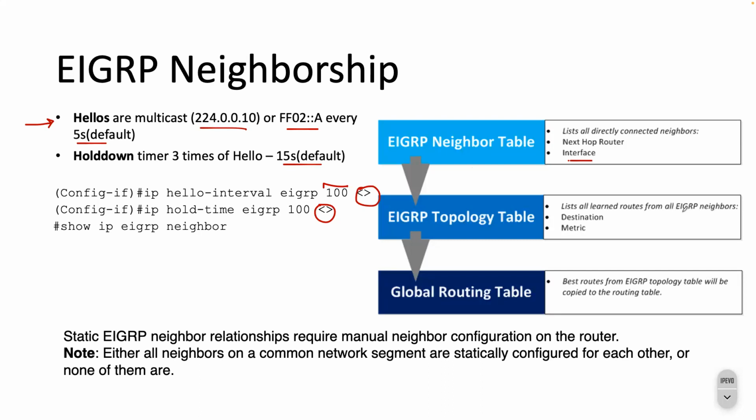There can be more than one route for a particular destination, but the topology table will store all the routes along with their metrics and destination IPs. However, the best routes from your EIGRP topology table will be copied to your routing table.